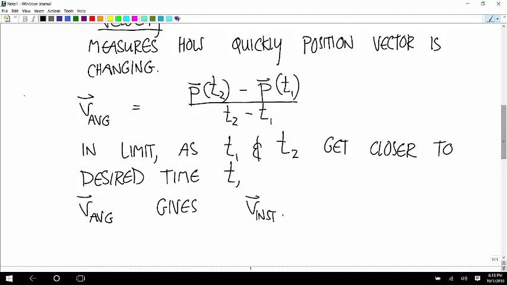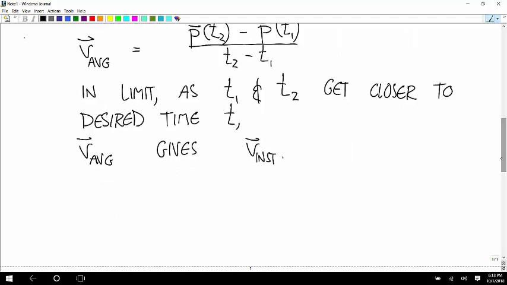This is the one that we care about. And so whenever I just talk about the velocity, I'm talking about instantaneous velocity. If I want average, I'll specify that.